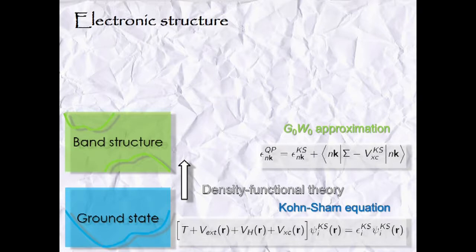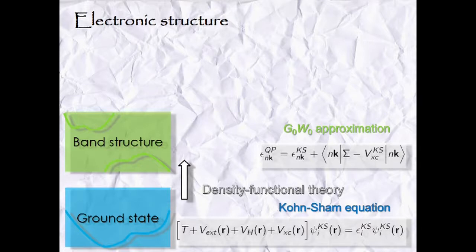And for this, we have to somehow correct these Kohn-Sham eigenvalues, in a simple approximation, by a first order correction in perturbation theory. Now, in this Kohn-Sham equation, the quantum mechanical nature of the electron-electron interaction is considered by this exchange correlation potential. In a real world, so to say, in the quasi-particle equation, this electron-electron interaction is treated by the self-energy.